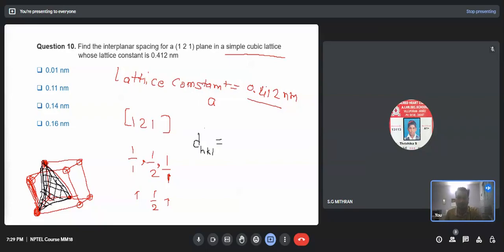The formula for simple cubic is a by root of h square plus k square plus l square.